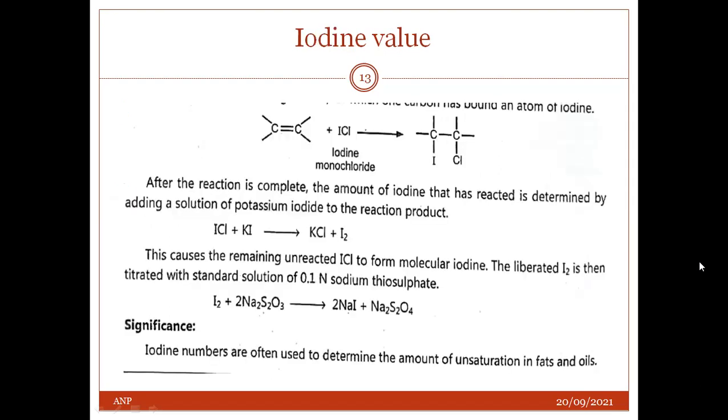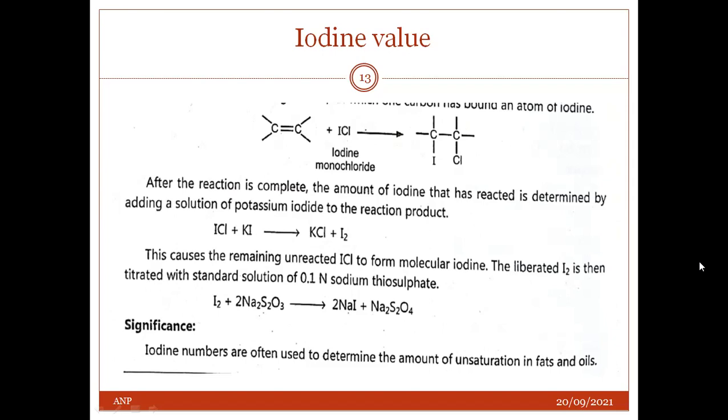Next, iodine value. Iodine value is generally defined as the number of grams of iodine that combine with 100 grams of oil or fat, and it is a measure of the degree of unsaturation of fat or oil.